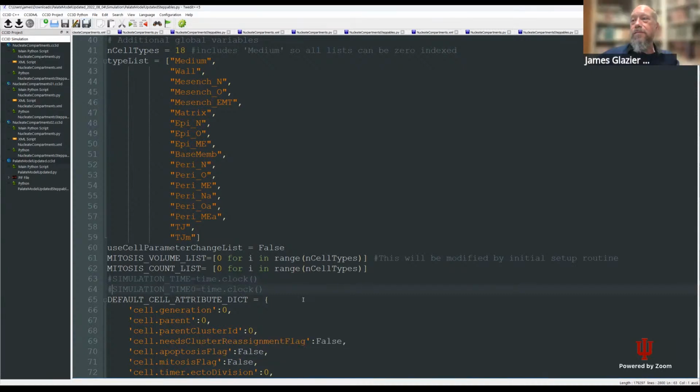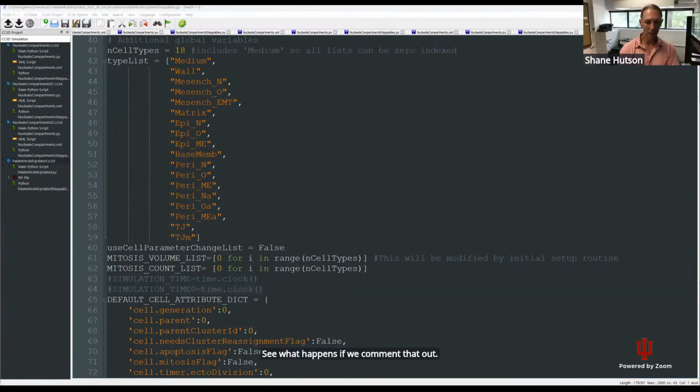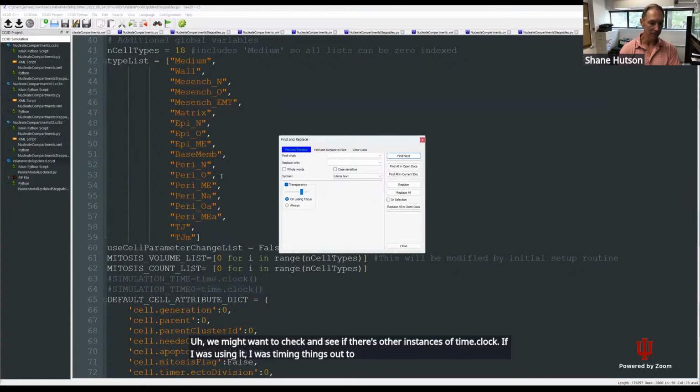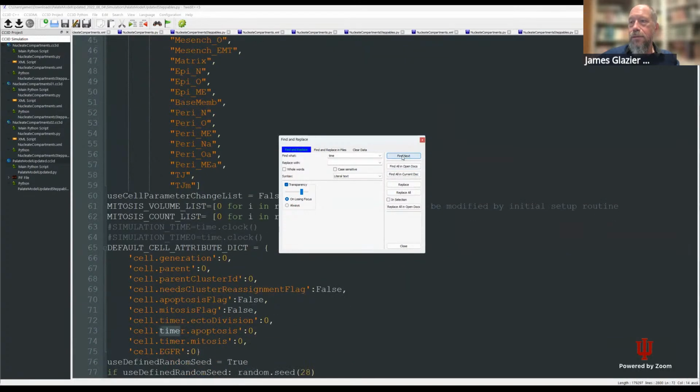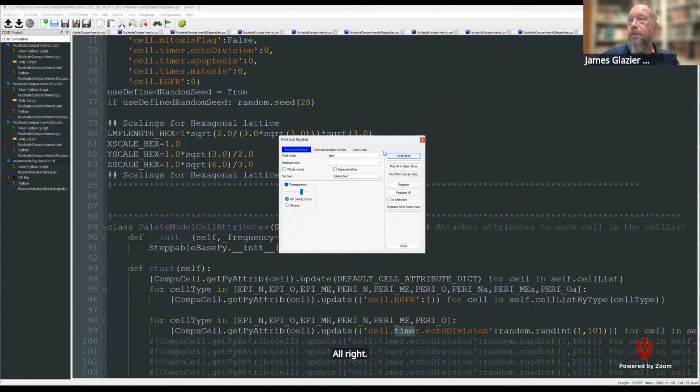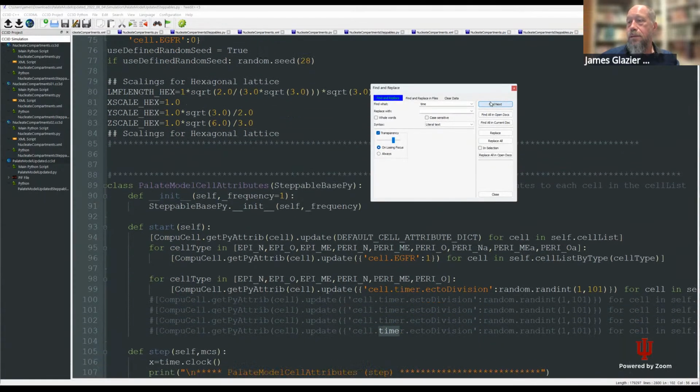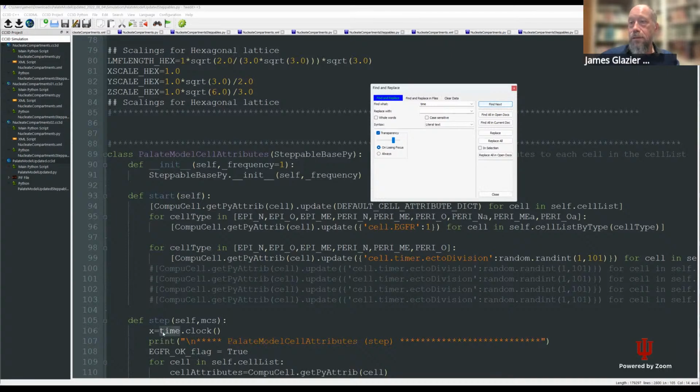See what happens if we comment that out. Yeah, we might want to check and see if there are other instances of time.clock. If I was using it, I was timing things to figure out how long different steps were taking. All right. There.